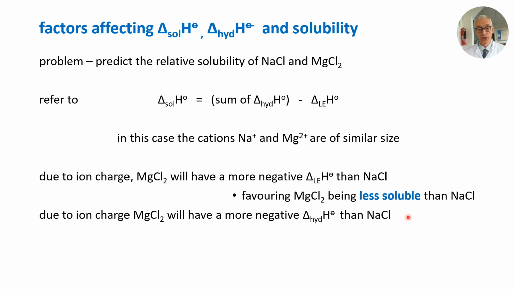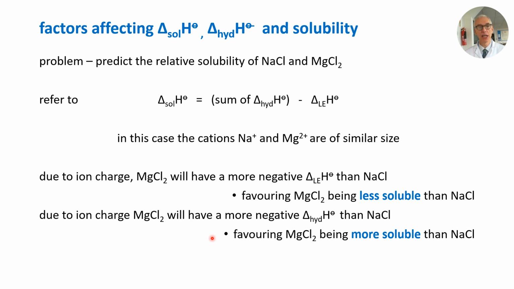We've also got to consider the effect of ion charge on the enthalpies of hydration. So the magnesium being a 2+ ion will have a more negative enthalpy of hydration, that is, the attractions formed between the ion and the water molecules will be stronger than for sodium chloride. So the sum of the enthalpies of hydration will become more negative, and that of course favours magnesium chloride being more soluble than sodium chloride.